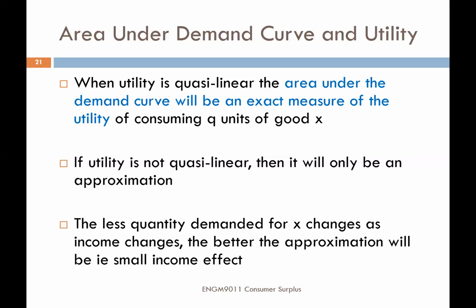For luxury goods, perhaps that's not as good an approximation. Right, the income effect is too strong. I would suspect for housing, for example, which tends to be a luxury good, and because it's such a large part of your budget, the income effect is quite large. Then this may not be a particularly good measure. But for most goods that you buy, say in the supermarket or at a department store, it's pretty reasonable that the income effect is relatively small.